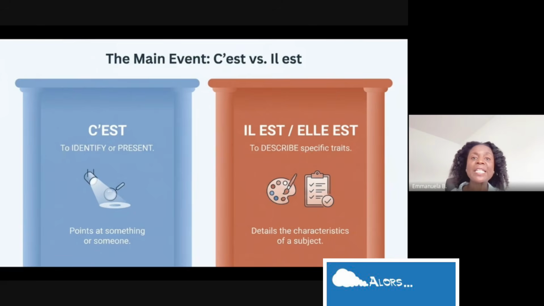Let's look closely at c'est versus il est. Use c'est when introducing or pointing out a specific person, place, or thing, or when sharing a personal impression, like, wow, c'est beau. Wow, that's so beautiful.